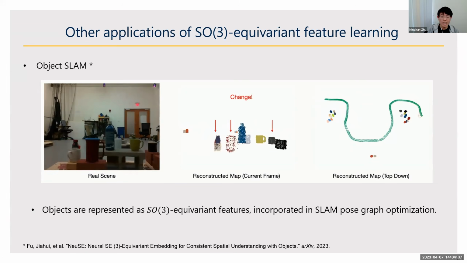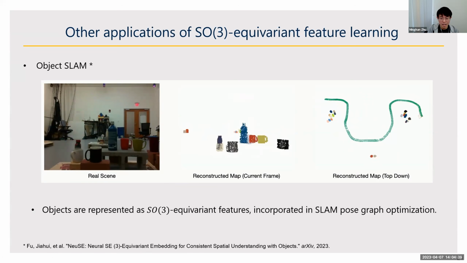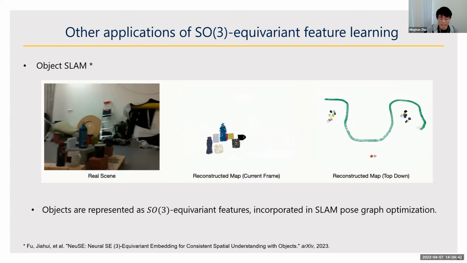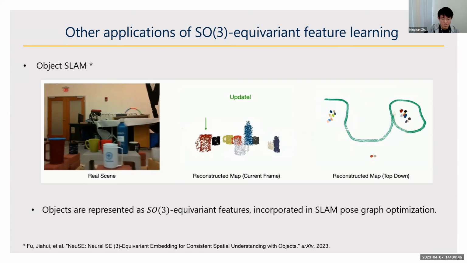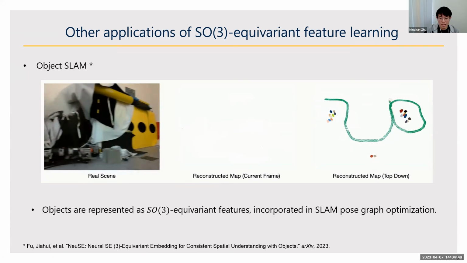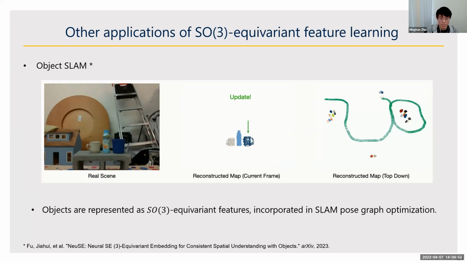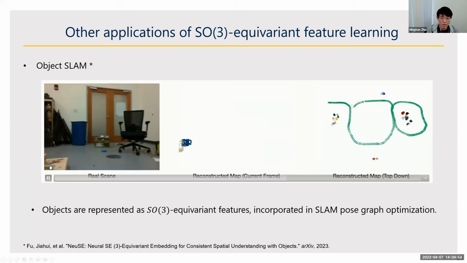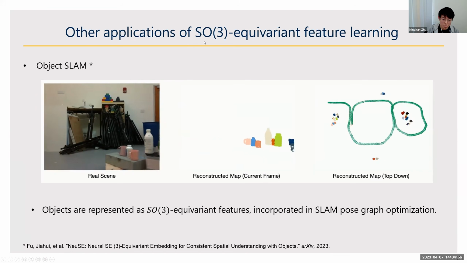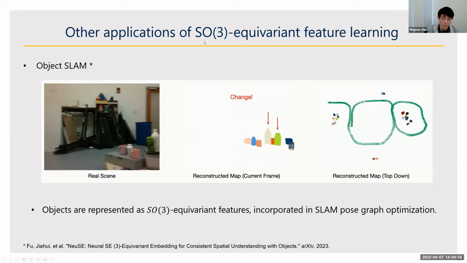And because we know that the SO3 equivariant features can go through the same rotation as the Euclidean space point cloud, these features can be fused into the SLAM pose graph optimization. So this is also a very cool work that makes use of such rotational equivariant features.